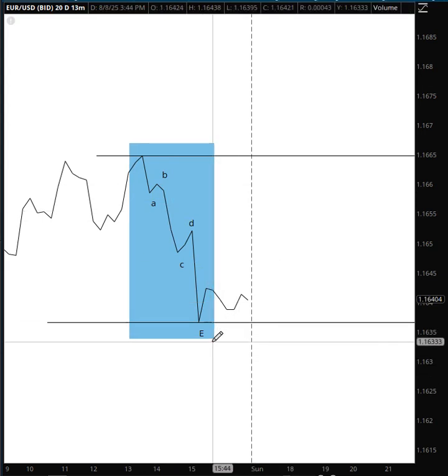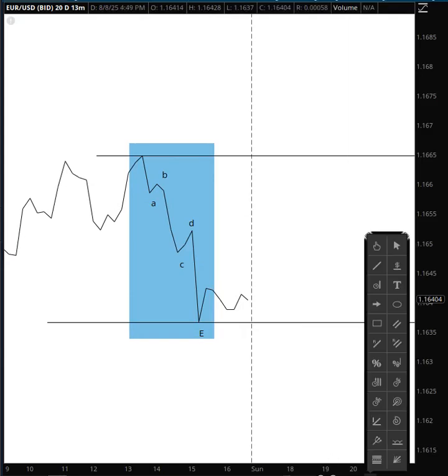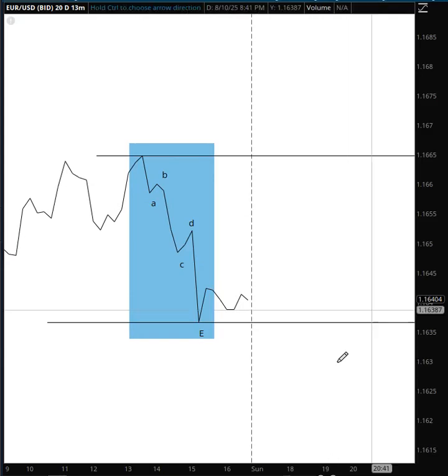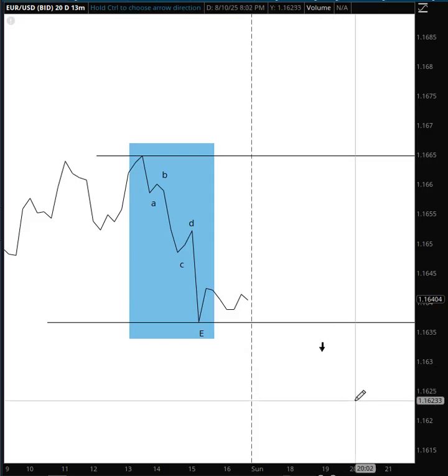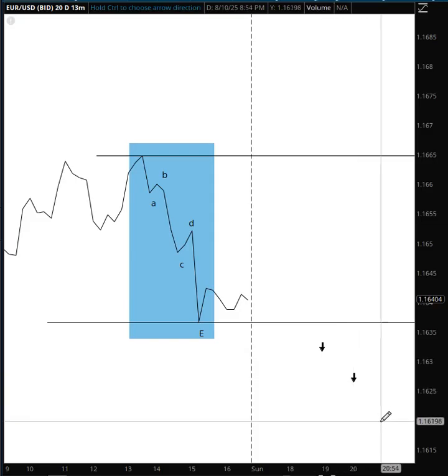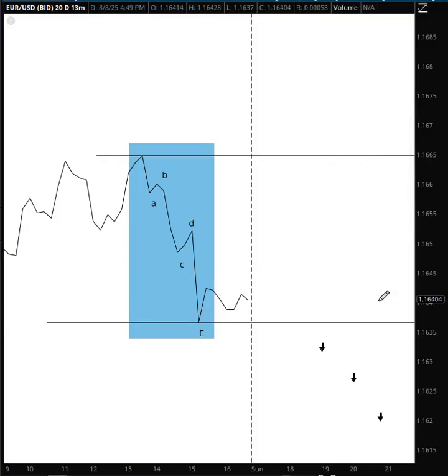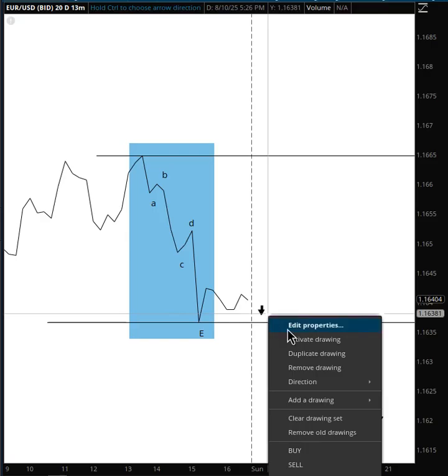Okay, that's your entry point there, and what we're expecting. If we break here, of course we can go down, right? How far or when or what hour, I don't know. But in the meantime, we have a growth fractal right here, which is pointing up.